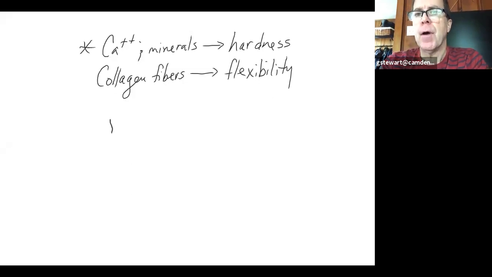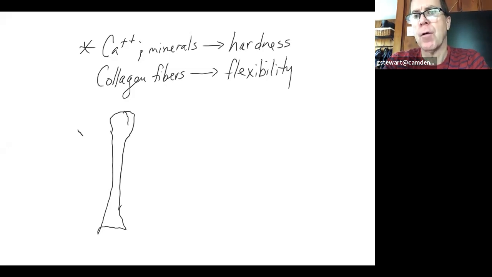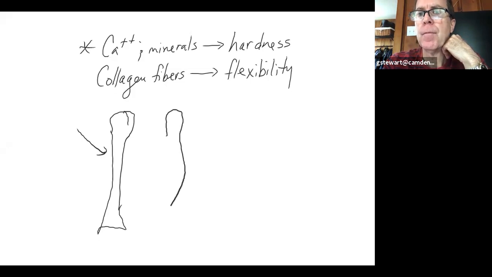If I just draw a generic bone here that's in the human body, and we get some sort of trauma or impact on it, you bump something really hard, or you're in a car accident, whatever, that bone can bend a little bit to withstand some trauma, okay?